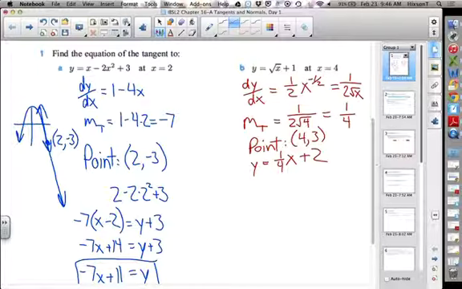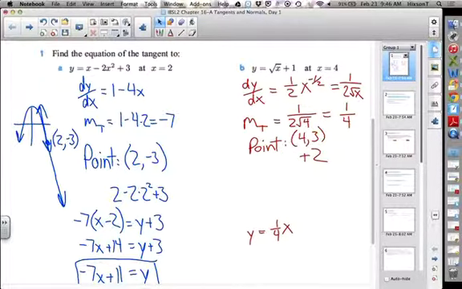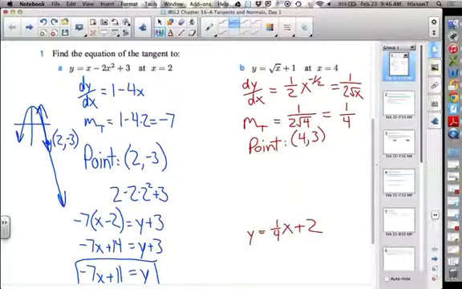Does anyone not get that or not see how to get it? Can we quickly just do it? Do you like using point slope form or do you like just using the y equals mx plus b? Okay. Yeah, if I'm using y equals mx plus b, what I'll do is I'll put 3 in for y, my slope in for m, the x coordinate 4 for x, and then I have to solve for what b is.